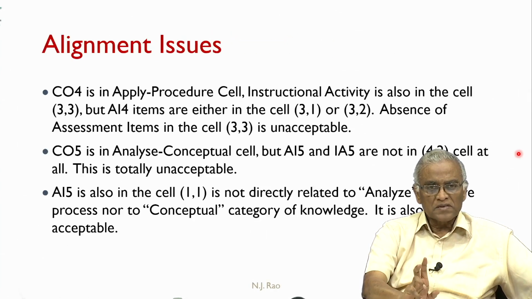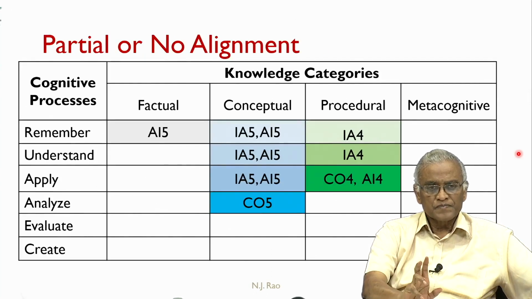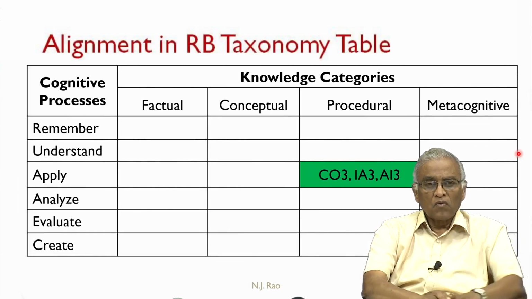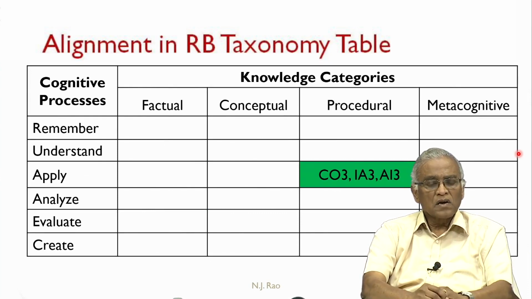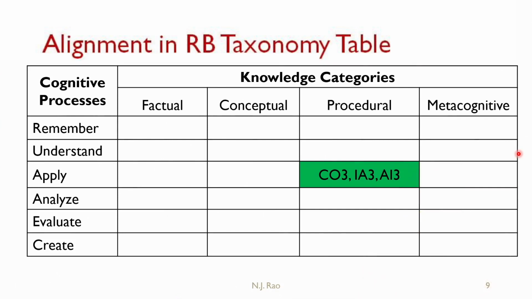If you take the taxonomy table, depending on the nature of the course, all cognitive processes are not relevant to a particular subject. Okay. Let us say I am eliminating create, evaluate, analyze, those cognitive processes that are not relevant to my course at all.